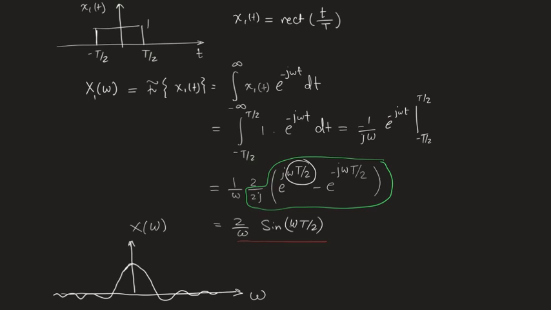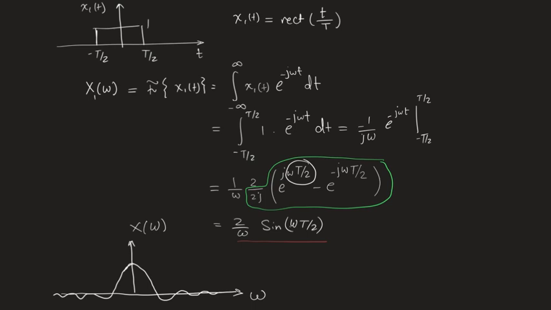The other locations where this whole expression is equal to 0 are when the sine is equal to 0. When is this sine going to be equal to 0? Whenever whatever is inside the sine is a multiple of pi. Sine pi, sine 2 pi, 3 pi, 4 pi, all of these are equal to 0. Any other values for the sine function are not going to give you 0.